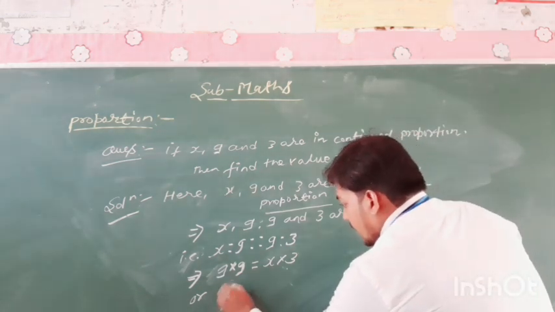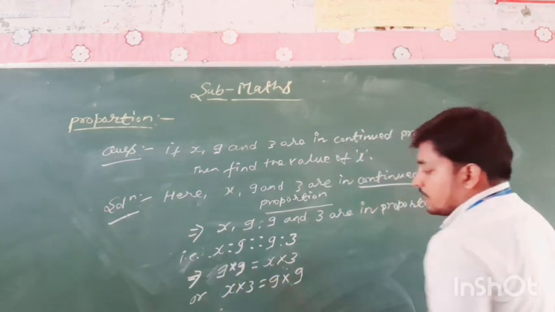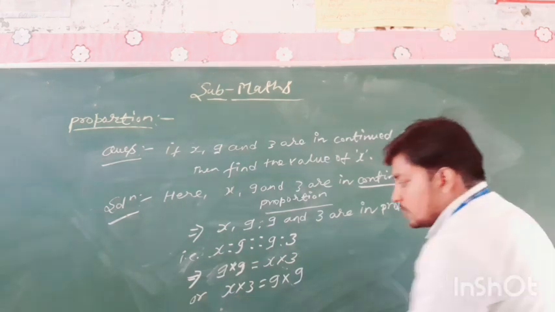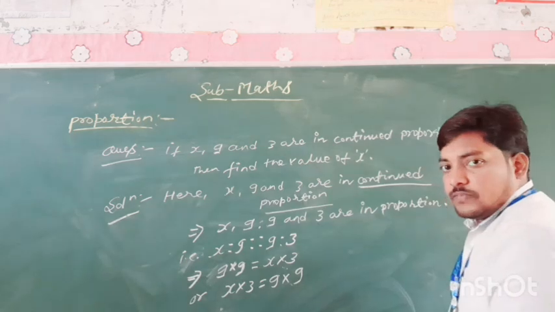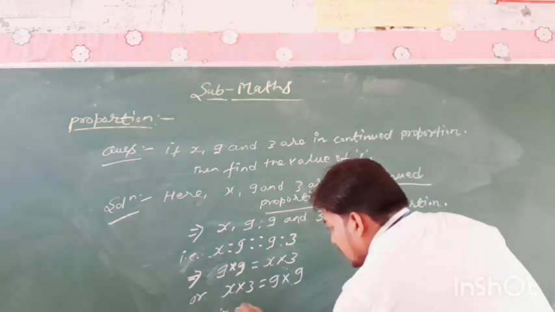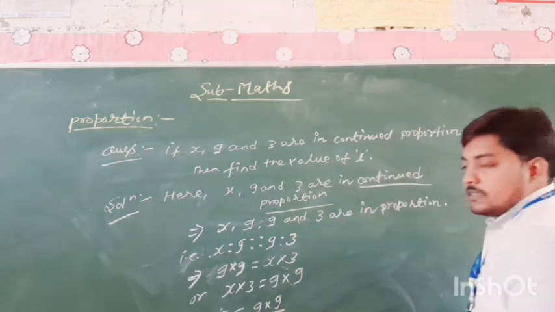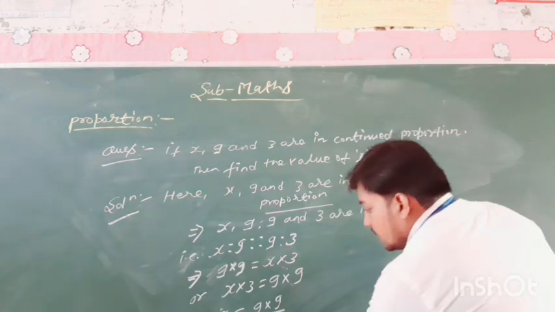So x into 3 is equal to 9 into 9. Here we have to find the value of x, so we will transpose 3. So x equals 9 into 9, and on this side 3 will be in the form of division.